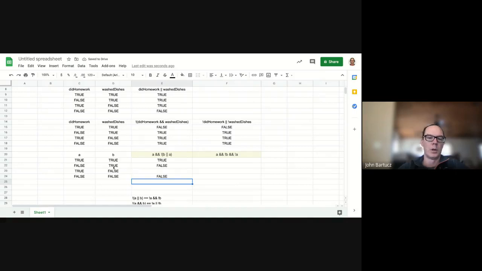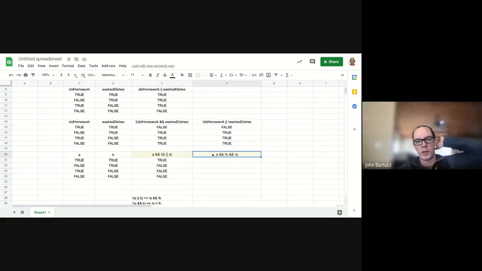So what about this though? True and false. A is true, so the left half is fine, and not B or A. So B or A, is one of these true? Yes, A is true. So inside the parentheses is true. If we not that, it makes it false. So this is also false.